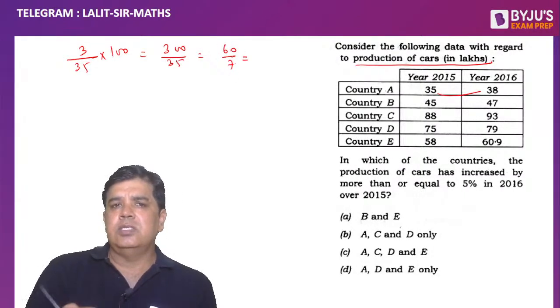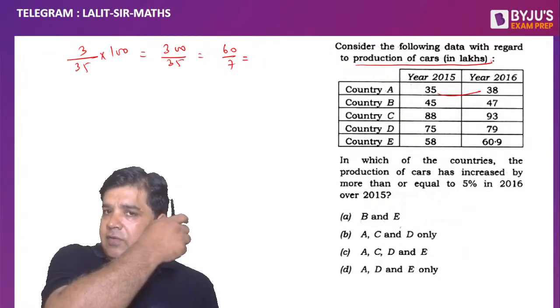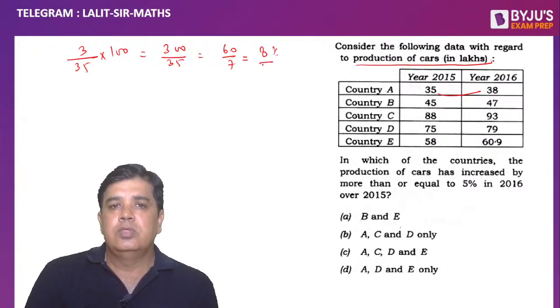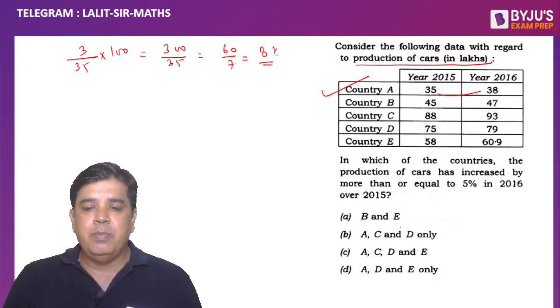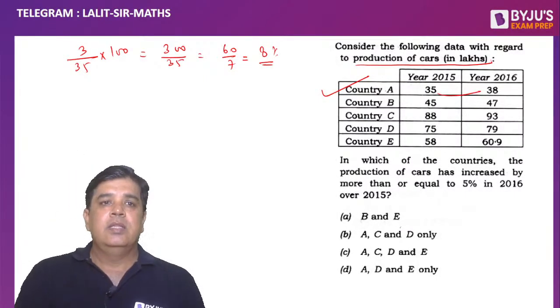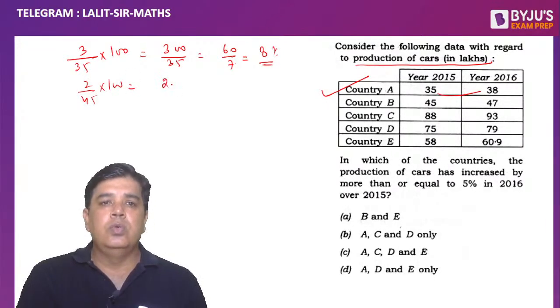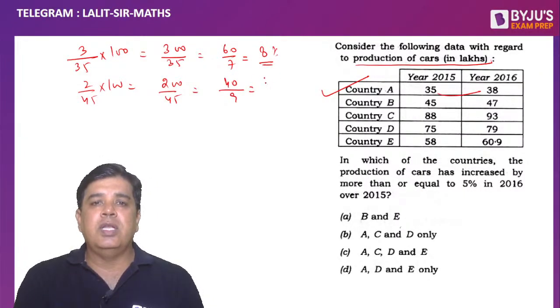Yes, this is more than 5% because 7 into 5 is 35 and we are getting an answer around 8 something. So yes, country A is a correct country we are looking for. The increment should be 5% or more. B, there is an increment of 2 on 45. So 200 by 45, 40 by 9, this is approximately 4.5.